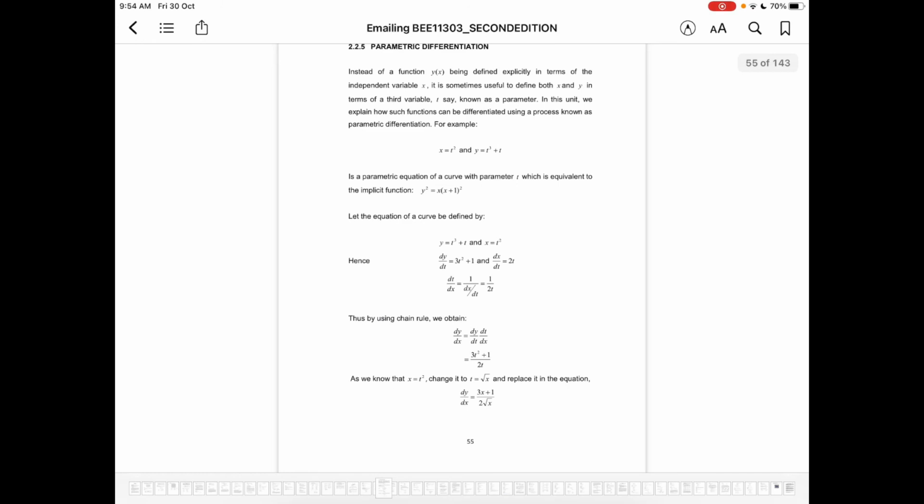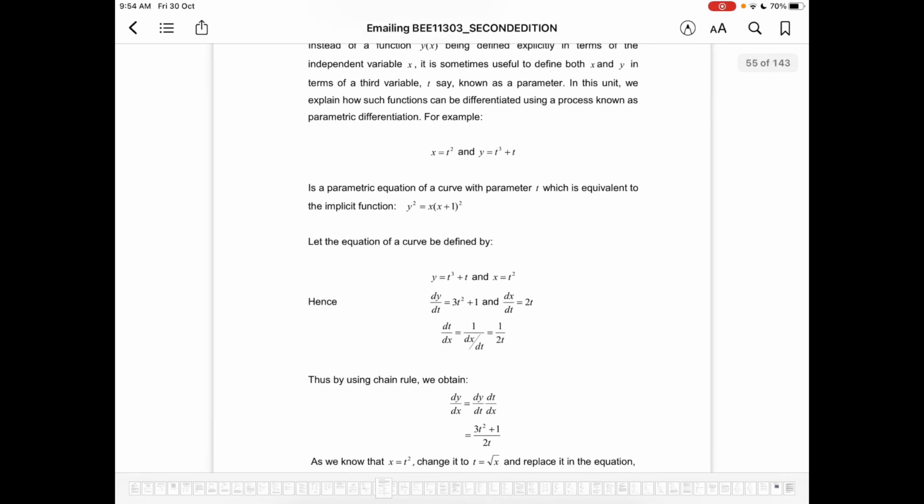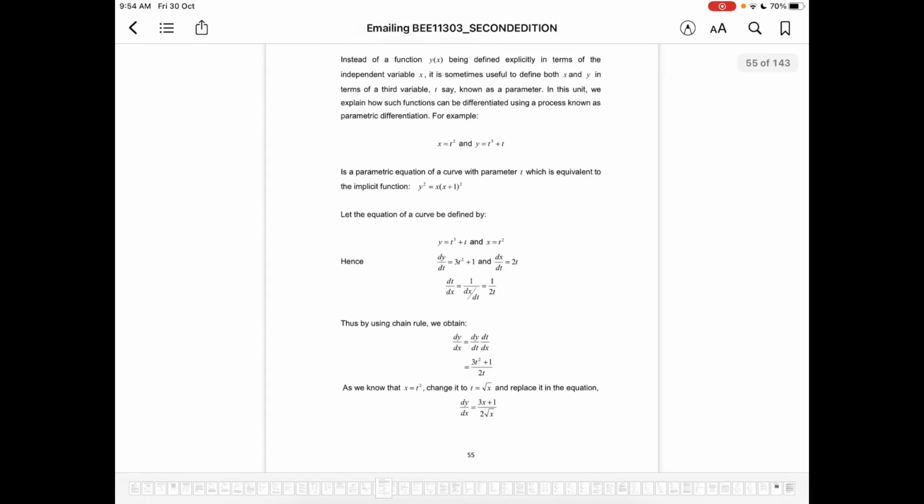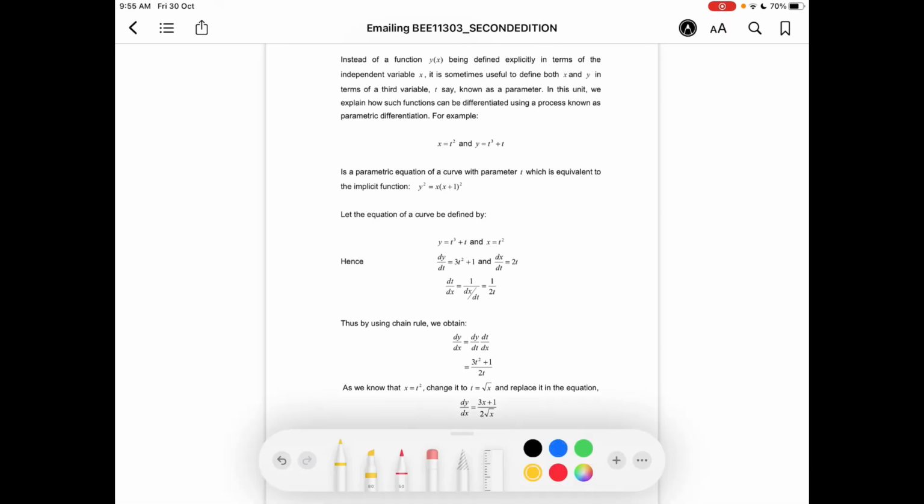This is when we need to differentiate a function where we use t as another parameter. So for example, if we have x equals t squared and y equals t cubed plus t, what happened here?